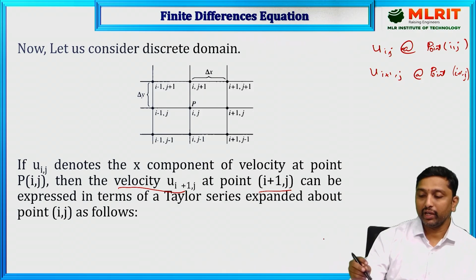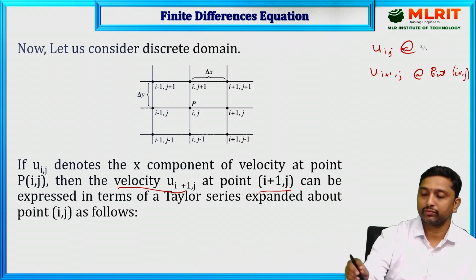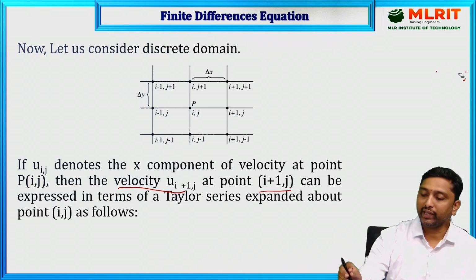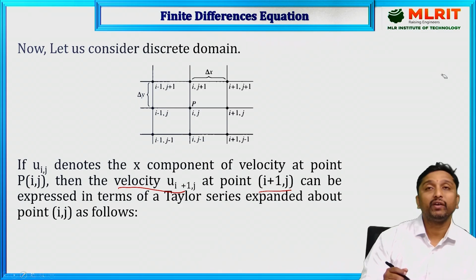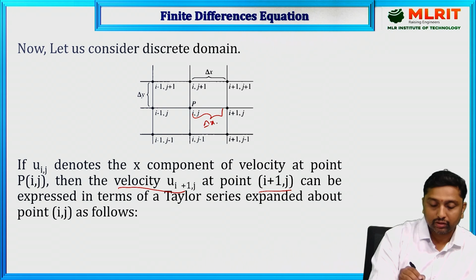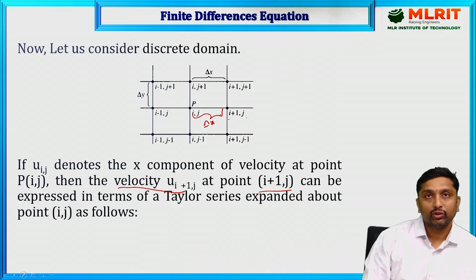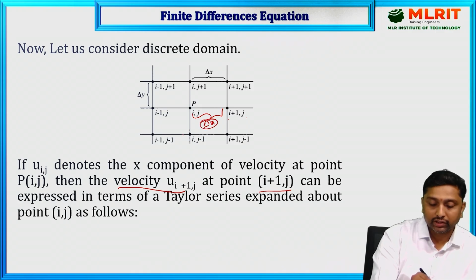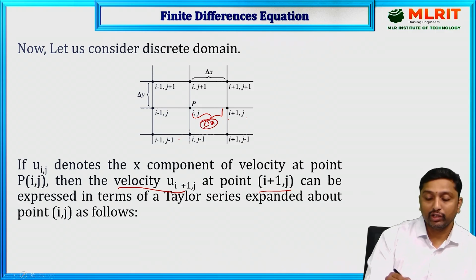Now let me apply Taylor series to find this. The value is changing in the x direction from I to I plus 1, so I'll take my incremental distance to be delta x.